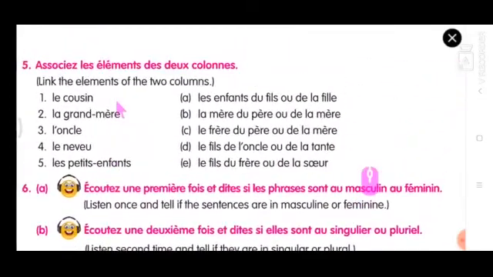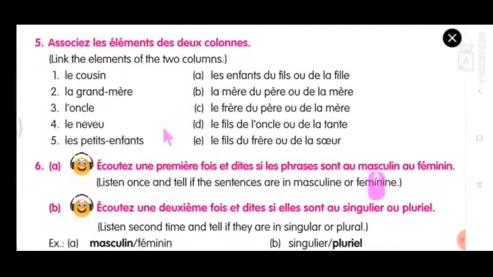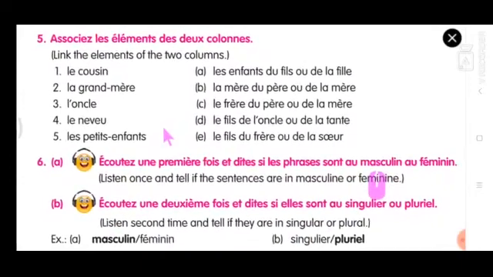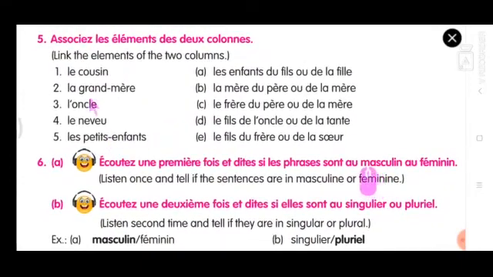So exercise number 5, just a minute, let me check. Associer les éléments de deux colonnes, le cousin. Okay, so in this exercise they are asking who is your cousin. So who is your cousin?